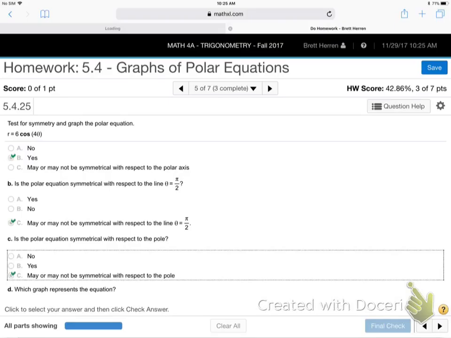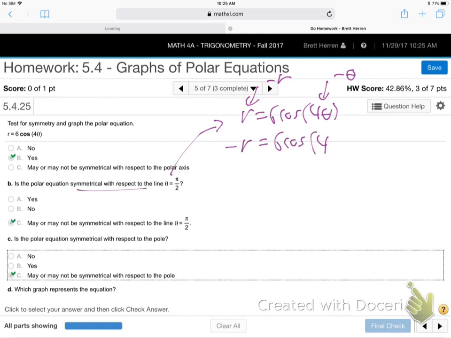So I'll just do those quick. The other two came out maybes. For r equals 6 cosine 4 theta, you put in negative r and negative theta because we're doing the line theta equals pi over 2, the y-axis. Then we get negative r equals 6 cosine 4 times negative theta. The negative inside vanishes, but the negative in the front stays.